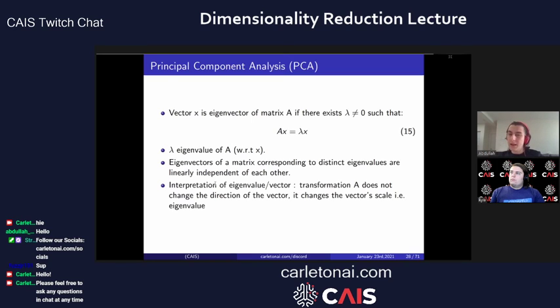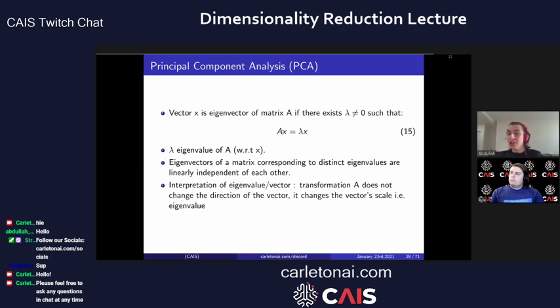And one interpretation of the eigenvalue and eigenvector is that transformation A does not change the direction of the vector, it just changes its scale. So to understand what an eigenvalue or eigenvector is, we have this matrix A, which if we multiply it with this vector, the direction of this vector will not change, right?